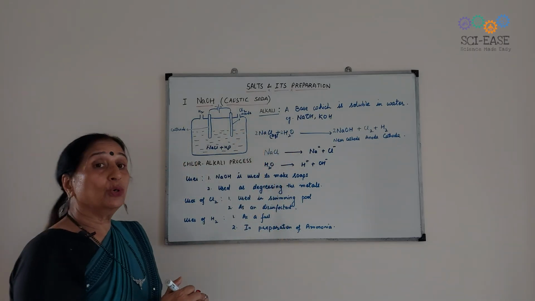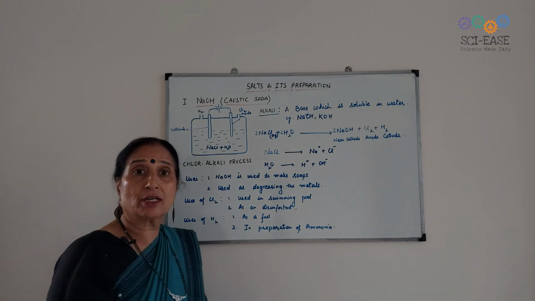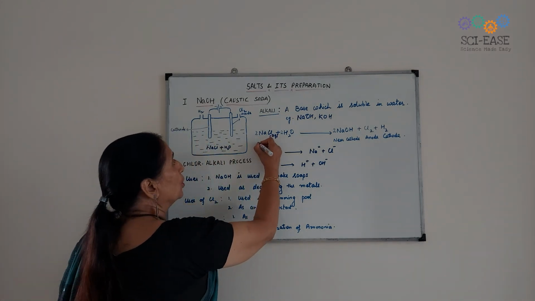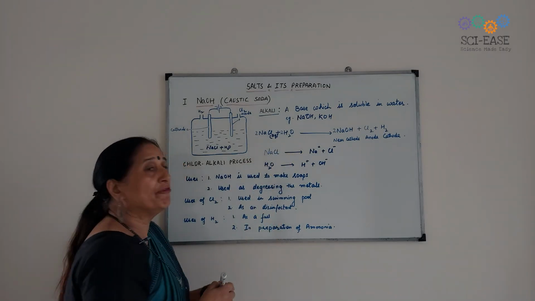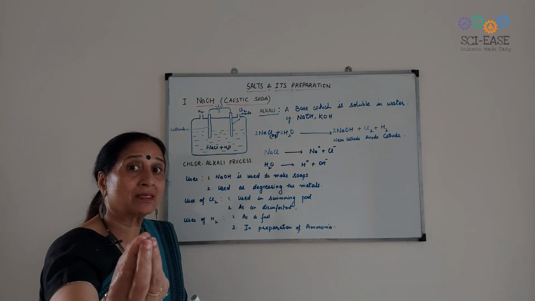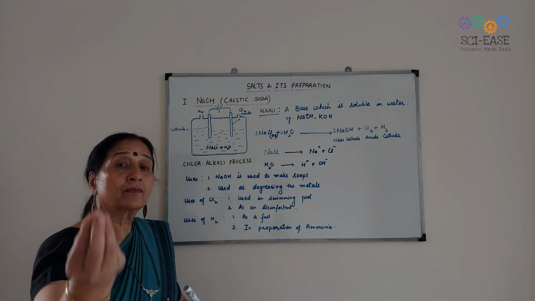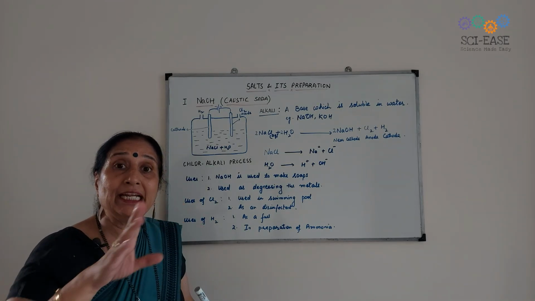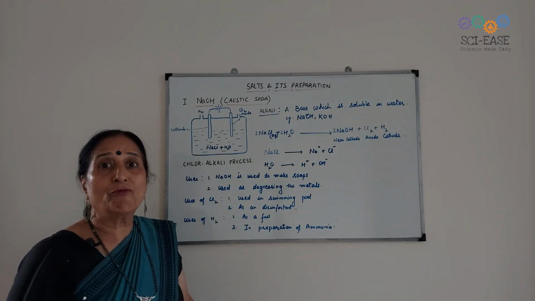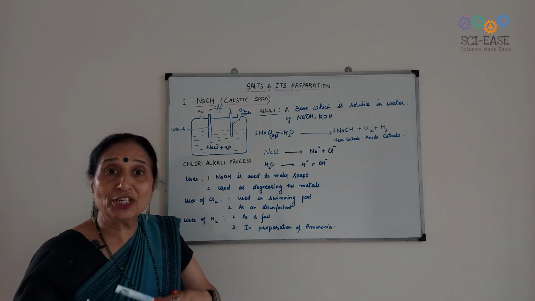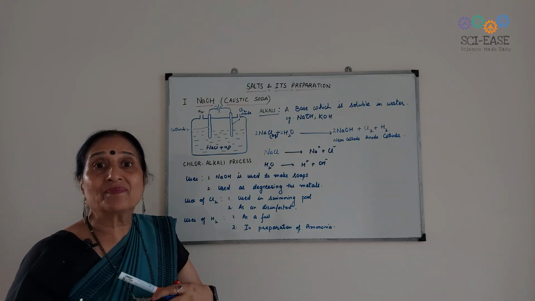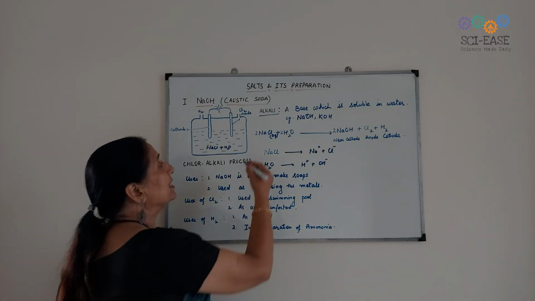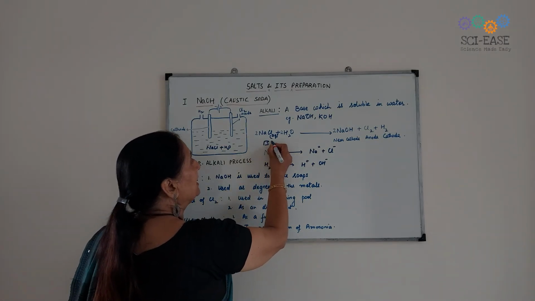If we take 5 grams of NaCl and dissolve it in 95 grams of water, the solution which is obtained is the aqueous solution, and we call it brine.